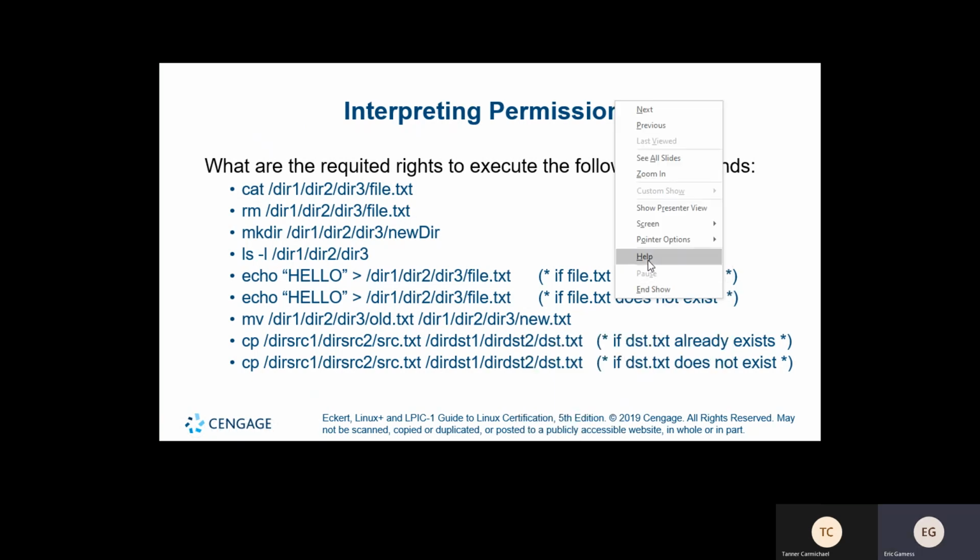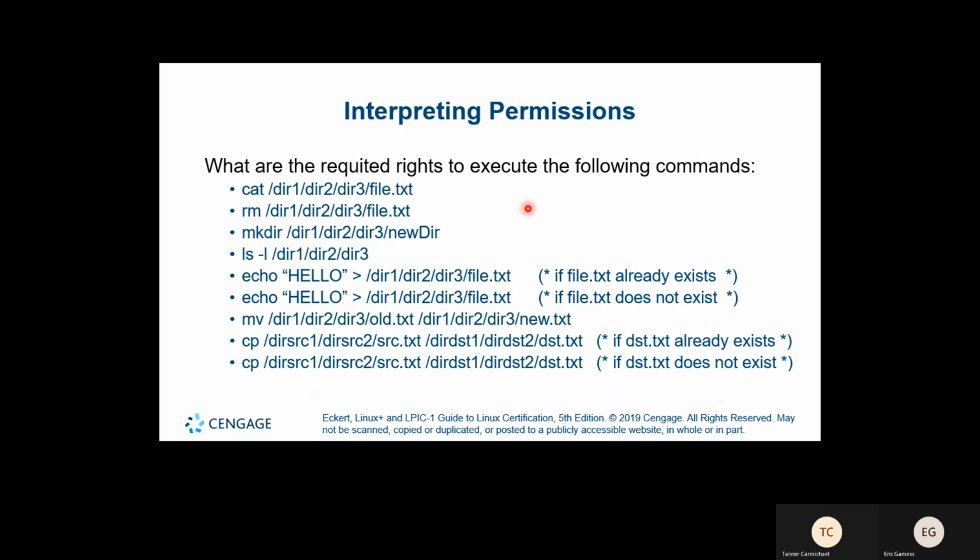So what right do I need over dir1, dir2, dir3, and file.txt to do that? So here we have two versions of the same exercise. Here they say if the file already exists and if the file does not exist. So if the file already exists, let's say that file.txt already exists.